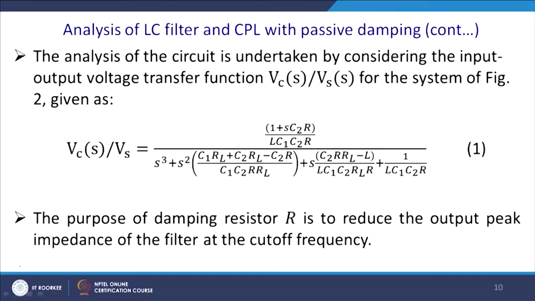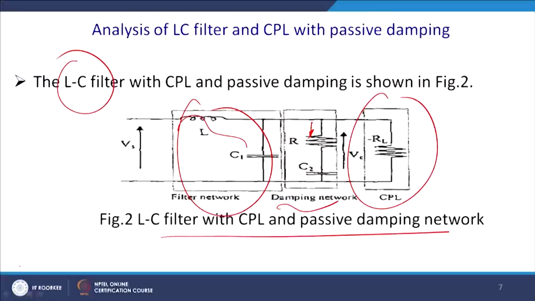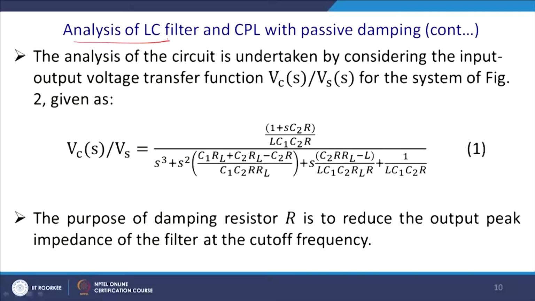Now, let us see the analysis of this LC filter; we have to refer back to the figure. So, figure 2, viewers are requested to refer to that figure by sliding this. This is the analysis of the LC filter with the CPL and passive damping, and to analyze the circuit it is undertaken by considering the input and output transfer function, that is VCS by Vs of figure 2.